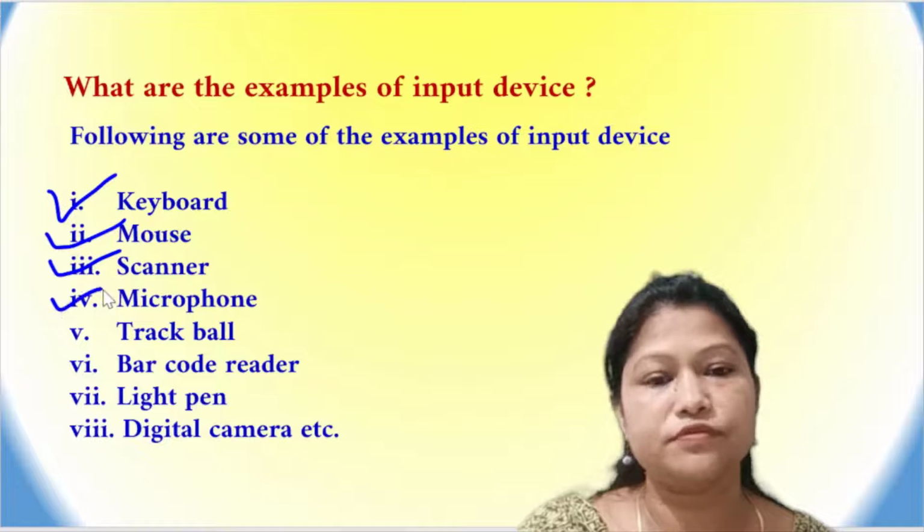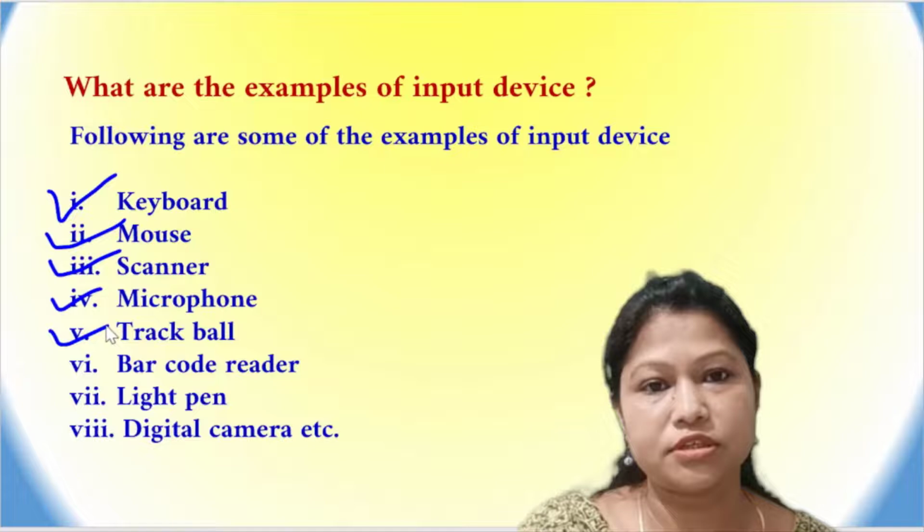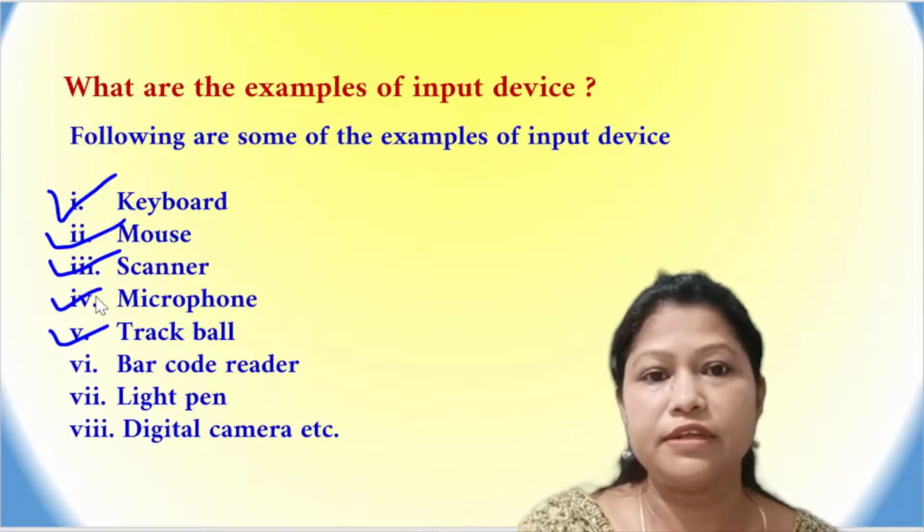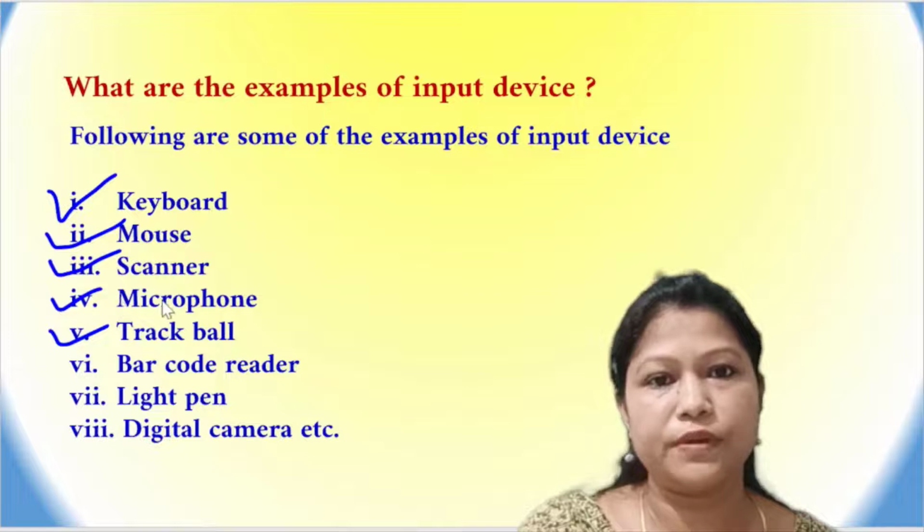Then the microphone is for taking audio input. Then the trackball we use as an alternative to a mouse when we don't have any space for a mouse. In that case we can use a trackball that we can keep on our lap and use like a mouse.